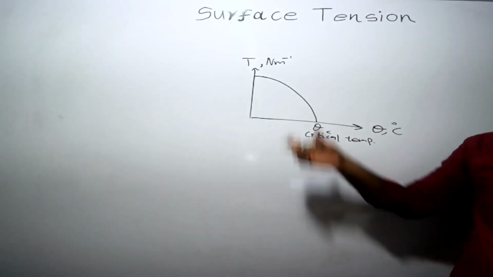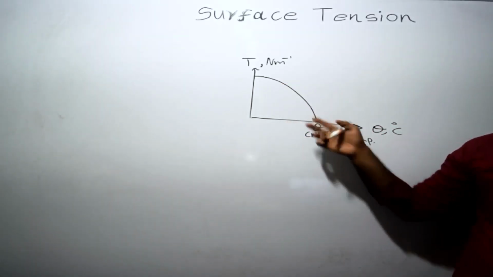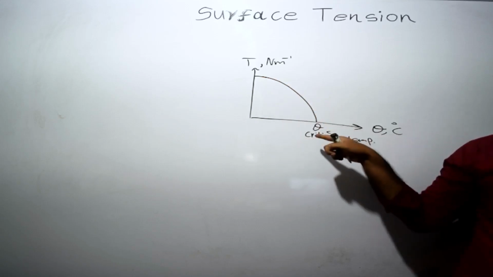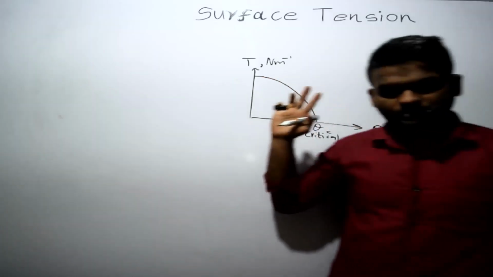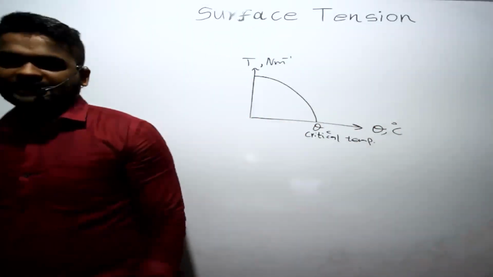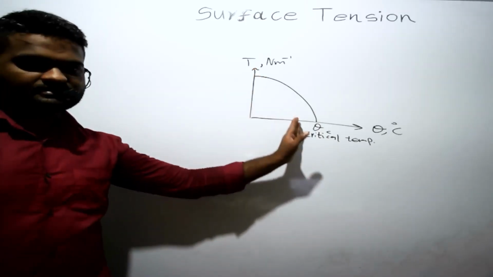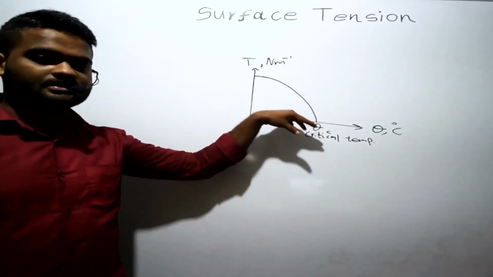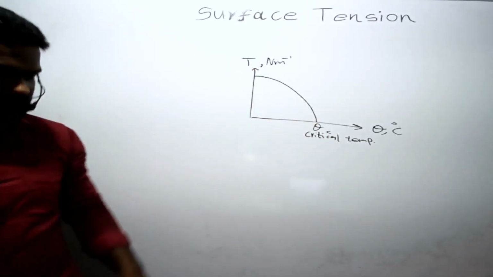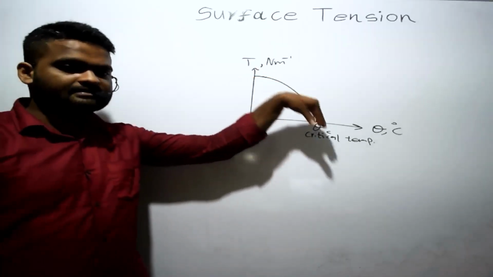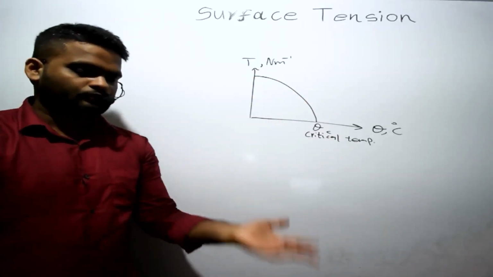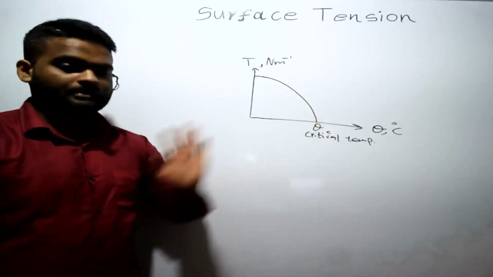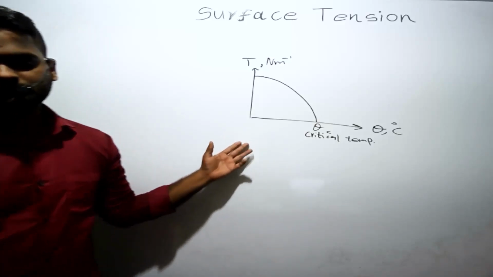We are not going to do problems using this, and we are not going to explain why it takes this shape. Depending on the liquid, this shape changes, but for any liquid it decreases with the temperature. Okay, take it down.